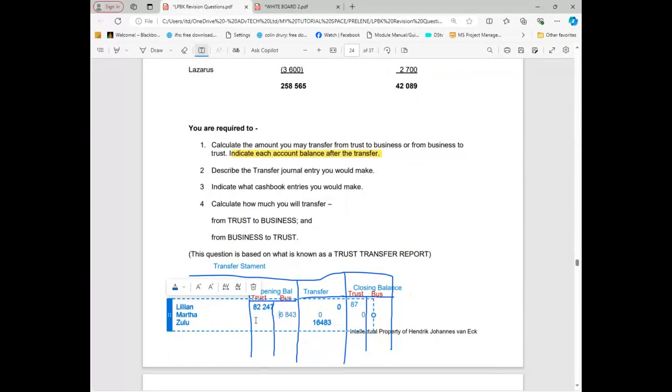And then did we do any transfer for Martha? No. The balance is still 6,843. I don't know if it makes sense because I know there's too much admin. I'm trying to put everything here. So the balance will be under the business like this. I don't know if it makes sense. I'm following. It makes sense. Yes. So here, whatever we started with, we ended with. It's very easy.